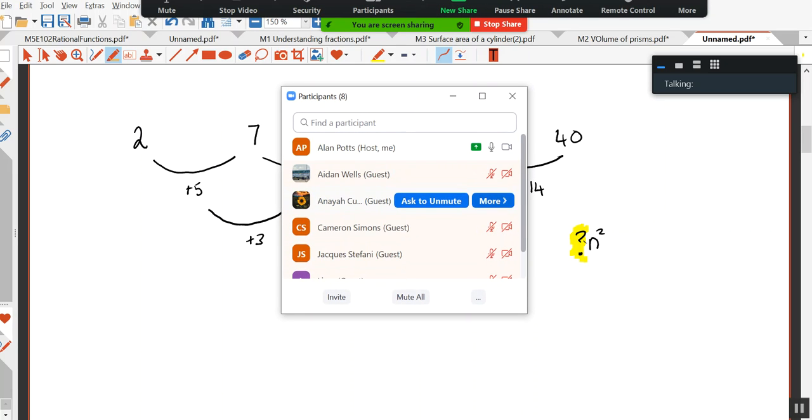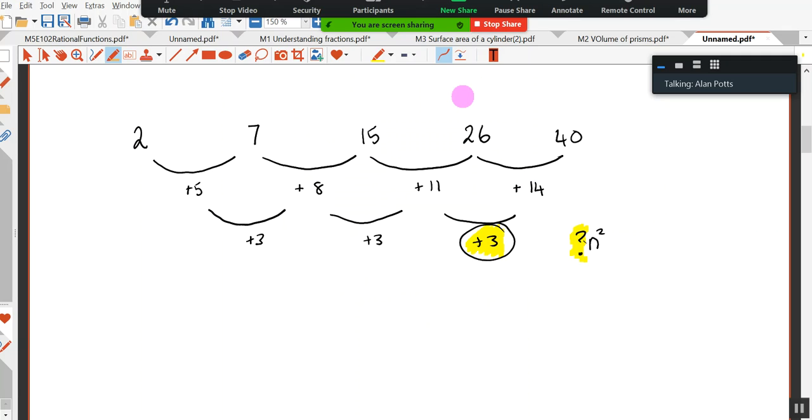Oh, is he not here anymore? No, it's gone. All right, anyone else? Just reading it from the book, it says that the coefficient of n squared is half of the value of the second difference. Yeah. So it would be 1.5.